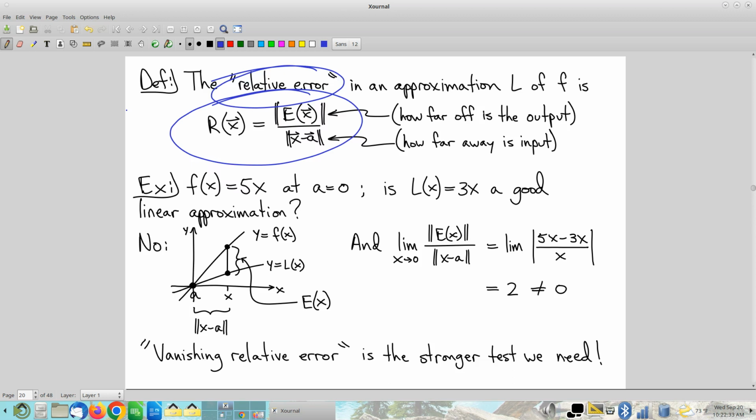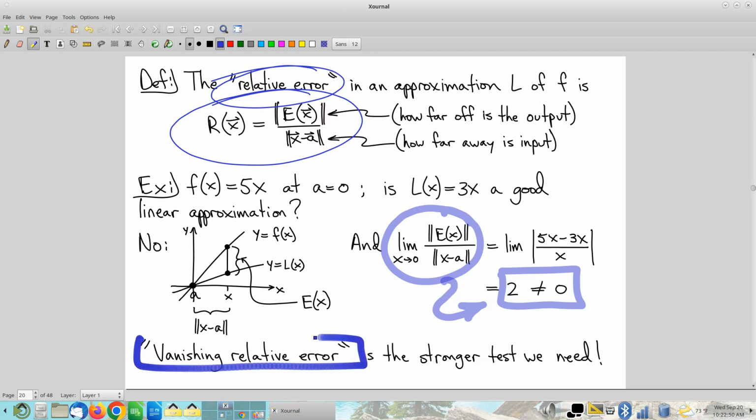And even though the error approaches 0, as we saw previously, the relative error approaches not 0 here. So this idea of vanishing relative error, the error is not good enough to look at, the relative error has to approach 0, is what we have to resort to get a definition that actually quantifiably rejects this obviously bad linear approximation, right? So in some sense, we have to resort to this. Otherwise, we're stuck with nonsense.